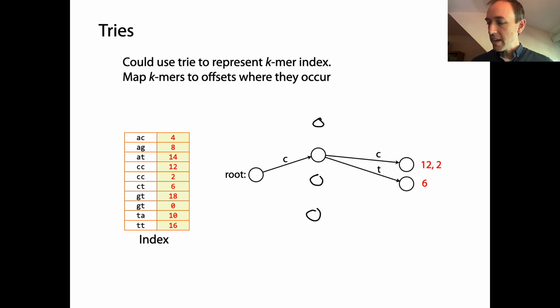Okay, so now the next question, we're almost done. The next question is how many nodes are going to be at this level, 2 levels down from the root. Well, there are going to be as many nodes at that level as there are distinct keys of length 2 in our collection. And I've intentionally put same keys as separate entries in the index, so we have to collapse them in order to get the answer to our question, right? So we have to ask how many distinct keys are there here?